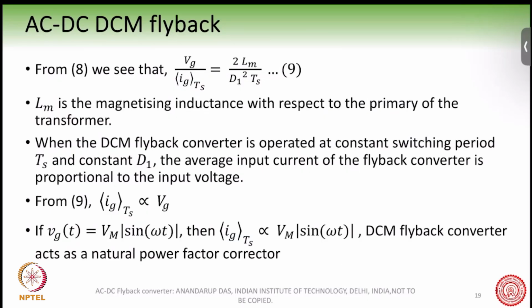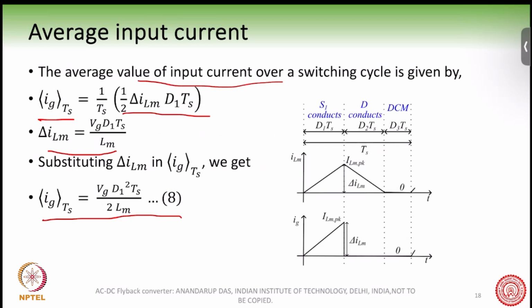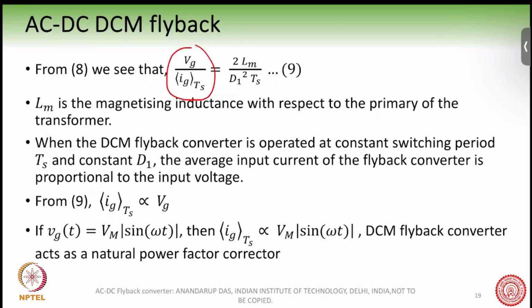One of the things that we immediately see from this equation is that Vg by IG Ts, this factor here, is equal to 2 Lm by D1 square Ts.